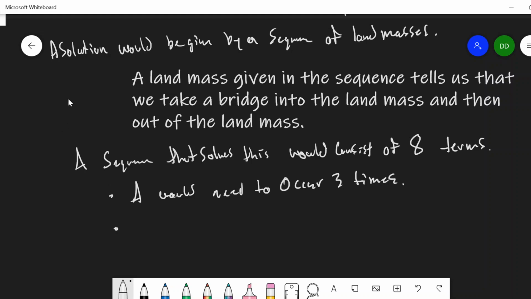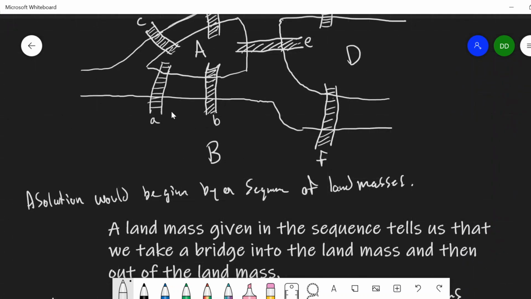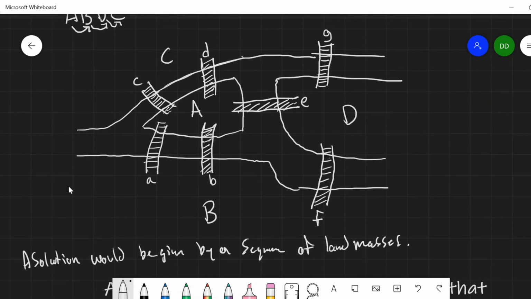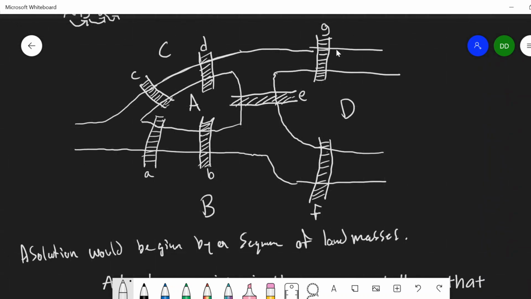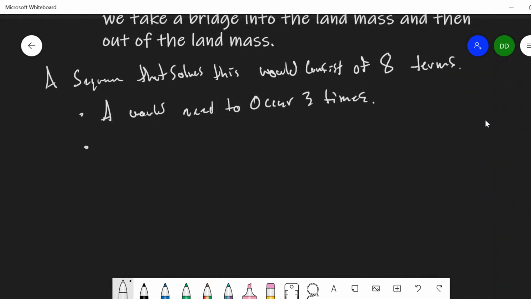And let's examine the other ones. B has 3 bridges going into or out of it, so it would have to occur twice. And same with C and D. Each of those would also have to occur twice in the sequence. So that gives A 3 times, and each of these 2 times, so that would give 9 terms in the sequence.